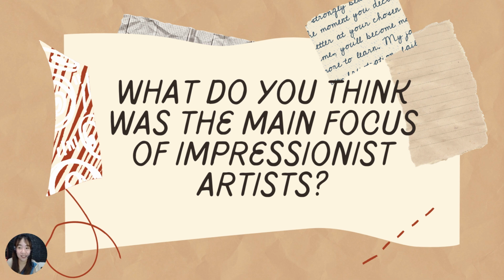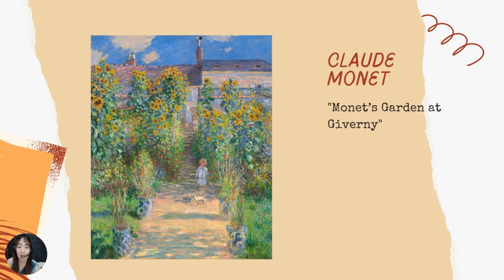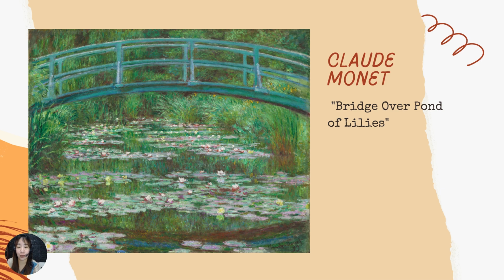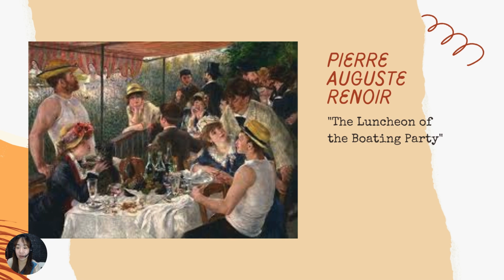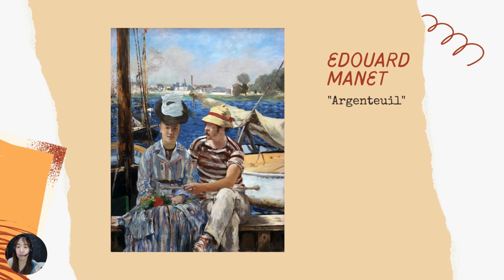Okay, let's see if your answers are correct. Landscapes and everyday life scenes. Let's go back to the paintings. As you can see, Monet's painting, and then another one. Landscapes, and then here, actual people and modern life paintings.